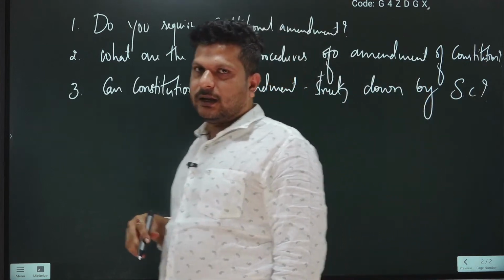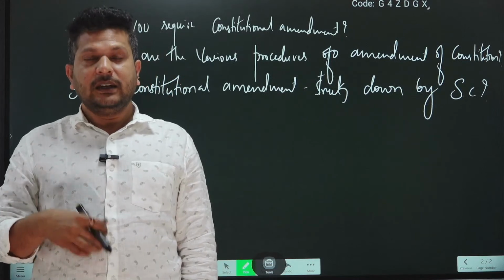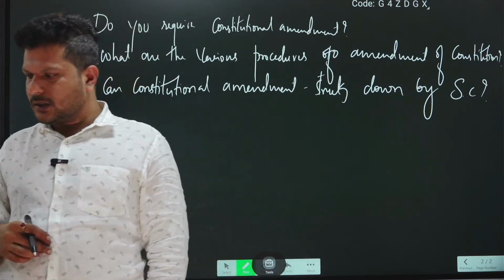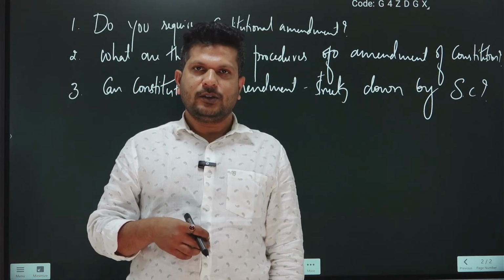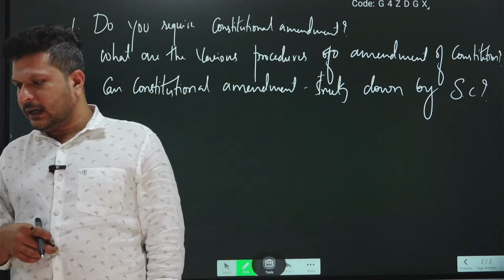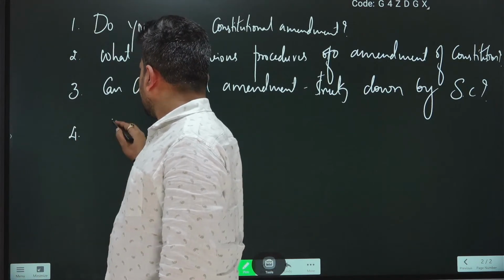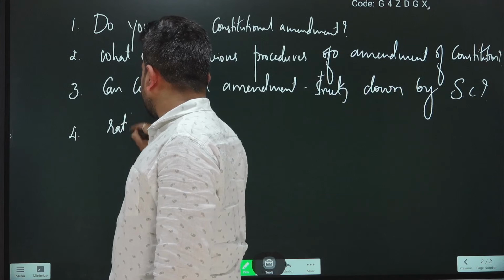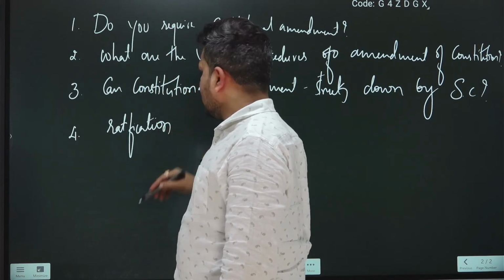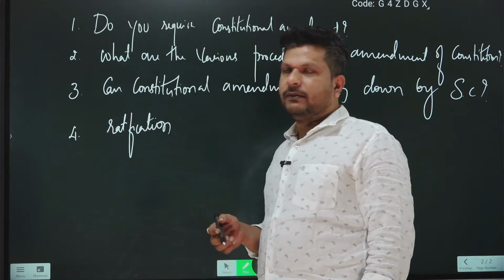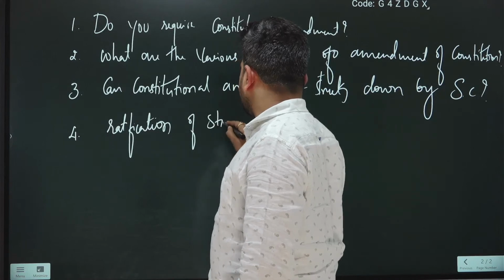So whenever a constitutional amendment is brought in, if it is in violation of the basic structure of the constitution, can it be struck down by the Supreme Court? And as we say, ratification of states is required, because whenever changes are made in the federal structure of the constitution, ratification of the states is necessary.